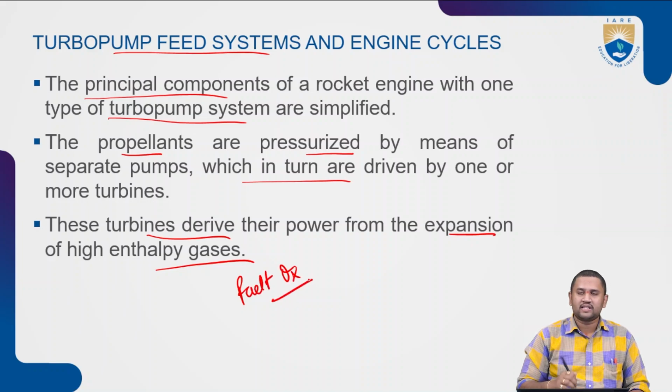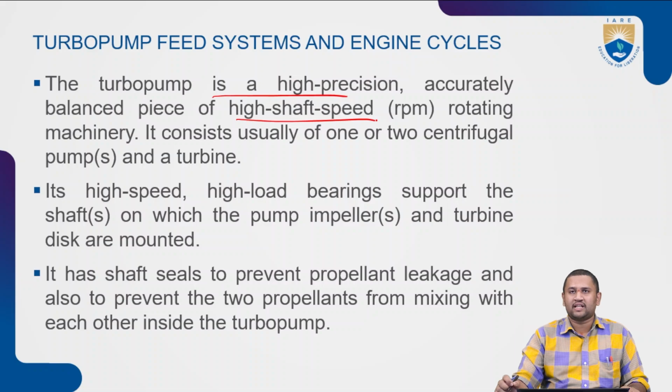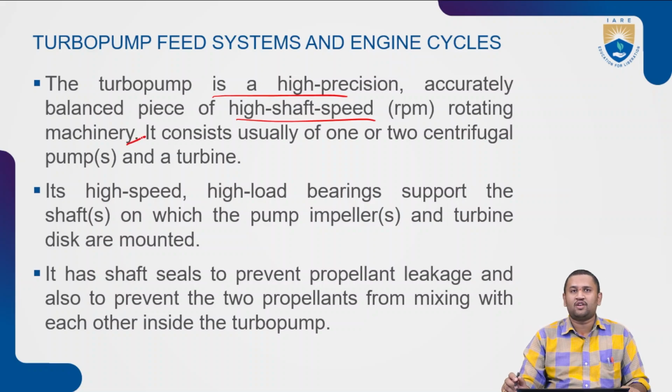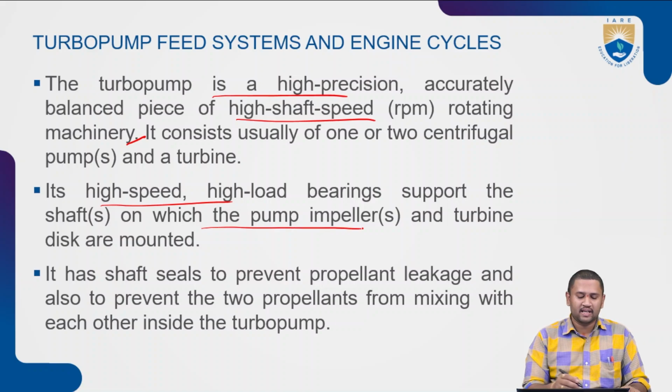Now, the turbopump is a high precision, accurately balanced piece of high shaft speed, particularly high RPM, rotating machinery. It consists of usually one or two centrifugal pumps and a turbine. It has high speed, high load bearing supports for the shaft on which the pump impellers and turbine discs are mounted.